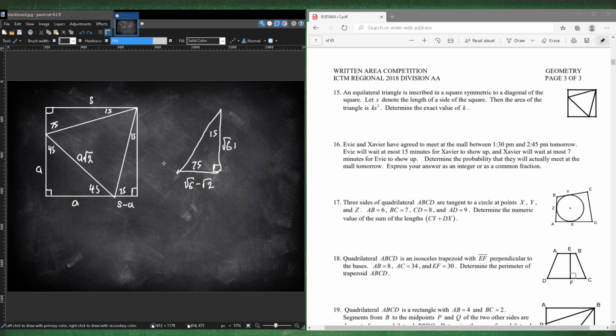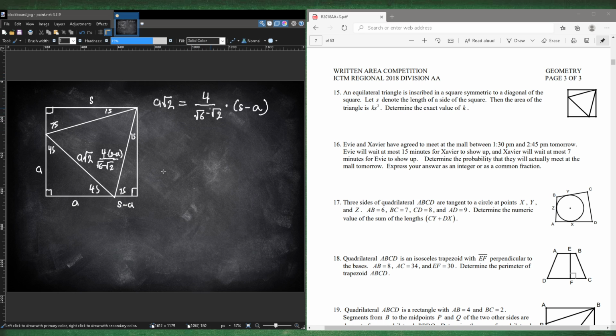So we just need to do a ratio. Since this is an equilateral triangle, that tells us that a square root 2 is equal to 4 divided by square root 6 minus square root 2 times s minus a, right?